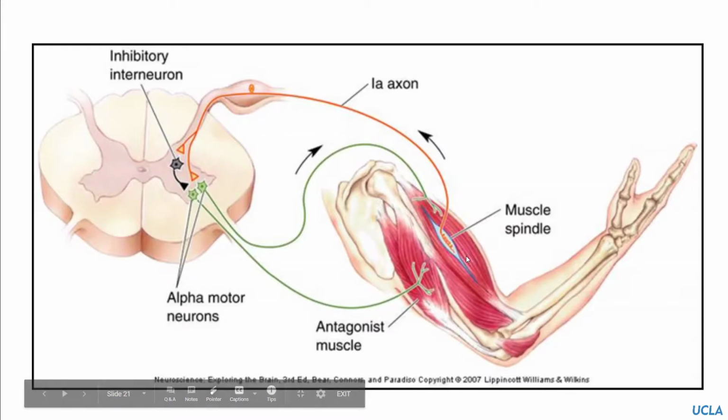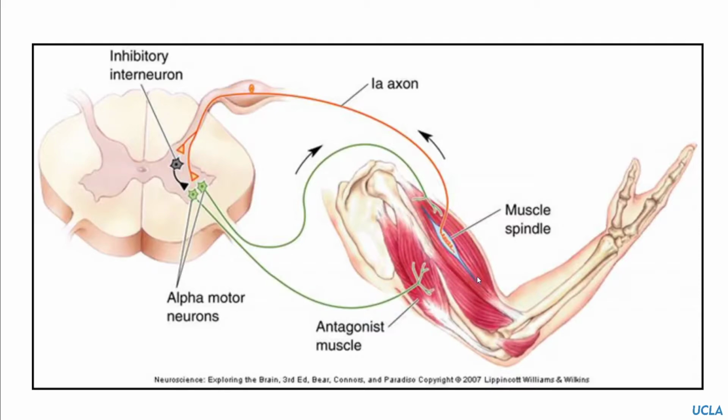Okay. Now, it's impossible for this to directly connect here because we already know this one is a positive sign. So it would be activating if this one directly connected to here. And then this would be tightening as well as this. So that's not what we want. So we have to have an inhibitory interneuron there.